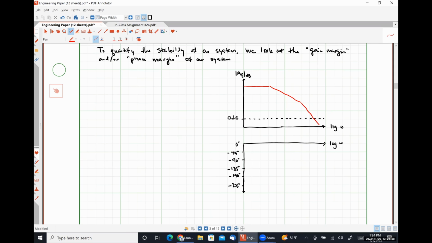So here we have a multipole response. We can delineate that by the fact that the slope changes. Okay. So let's observe some things here.